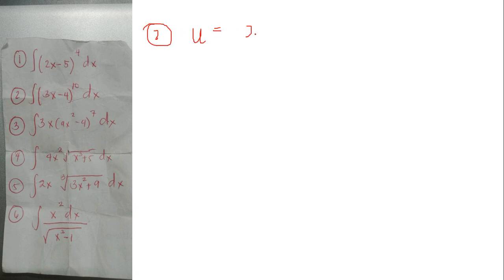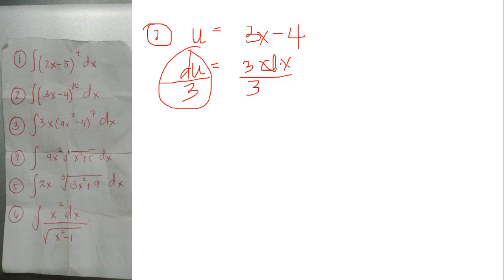Yung u natin dito, 3x minus 4. Yung du natin dito, 3 dx. Divide natin sa 3. So, ito na yung ating 3 dx po. Yung shortest na natin is integral ng u raised to 10 du all over 3. Okay? So, yung kanyang constant factor is 1/3.